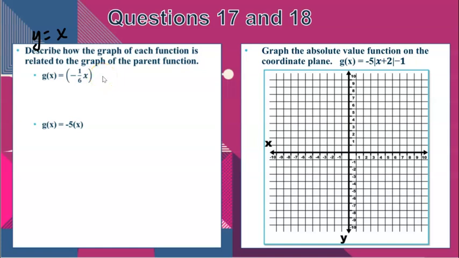I do know there's a dilation, and because the dilation is in the parentheses, that means this is going to be a horizontal. So we have horizontal. And because the absolute value of -1/6 is 1/6, it's a fraction. Now, if I think about the slope here, the slope means I'm going up 1 to the right 6.